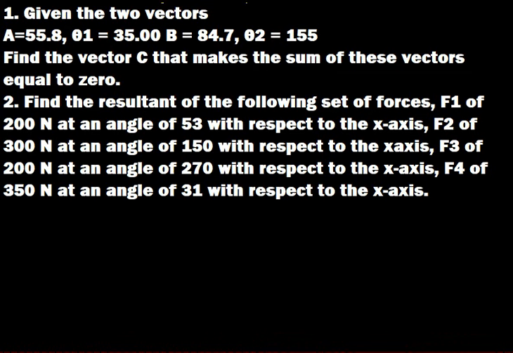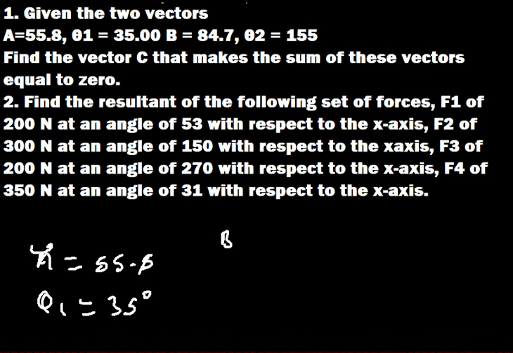And let's say we have the following questions. Given the 2 vectors, we have the vector a, given as 55.8, acting at an angle theta 1, which is 35 degrees.